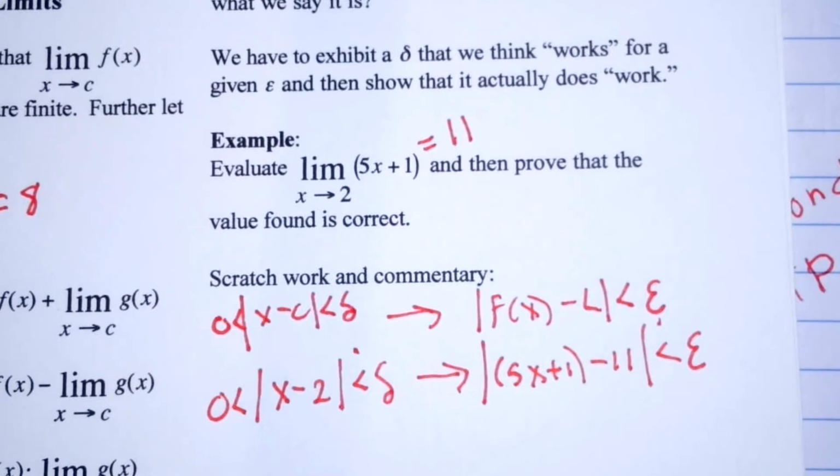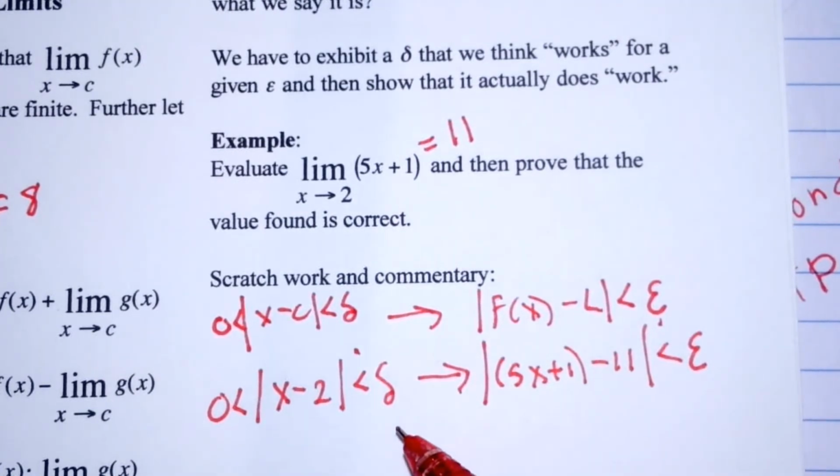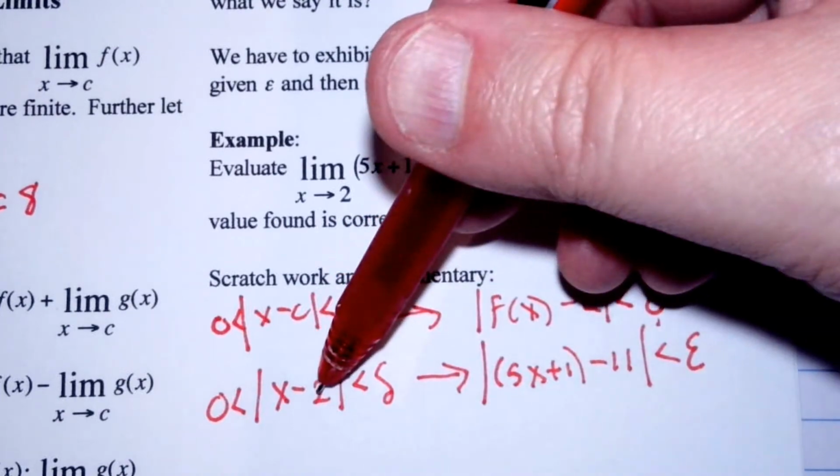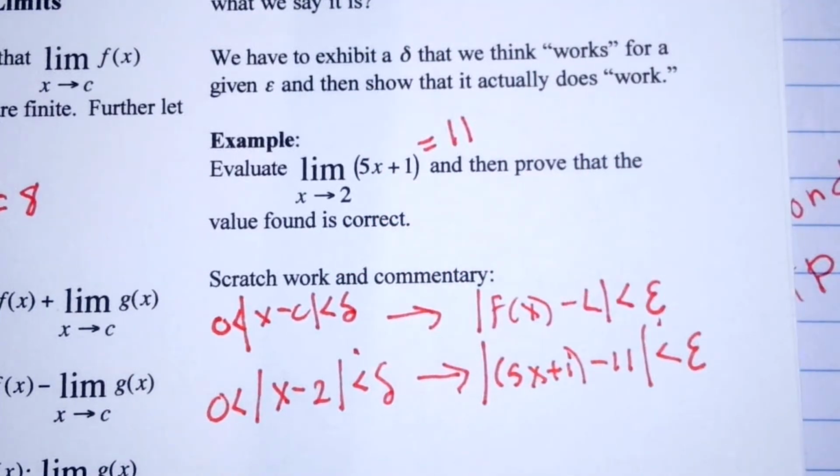Alright, now again, we're supposed to figure out a formula for delta. We need to go backwards in order to do that. So instead of starting here and going here, what we're going to do is start with this, because going backwards will facilitate the algebra a little bit more than going forwards.